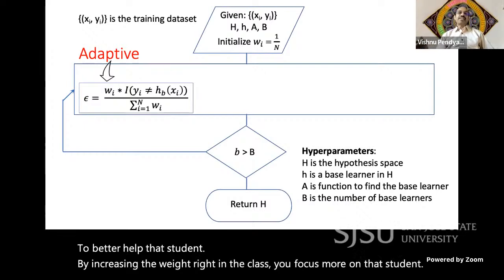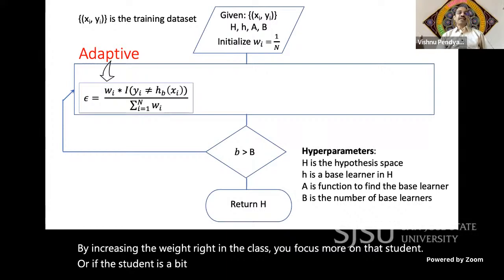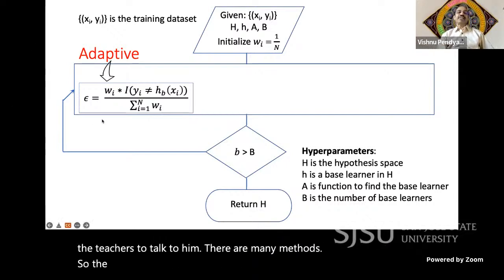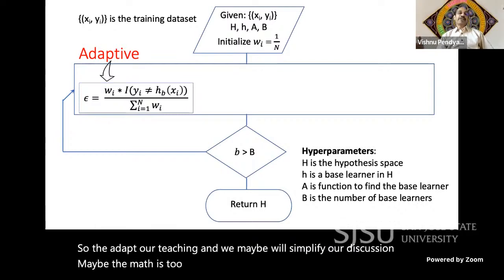Or if the student is a bit reticent, maybe try to help him offline, right? Ask the TAs to talk to him. There are many methods. So we adapt our teaching, and we maybe will simplify our discussion. Maybe the math is too high to interpret. We'll try to simplify the math. But of course, if the student doesn't listen, that's a different matter.